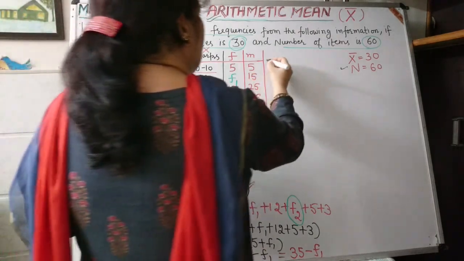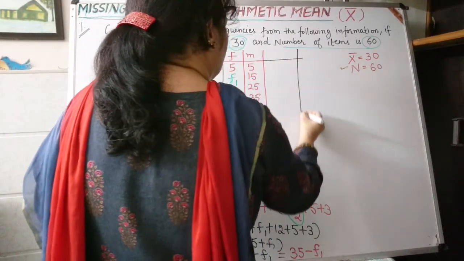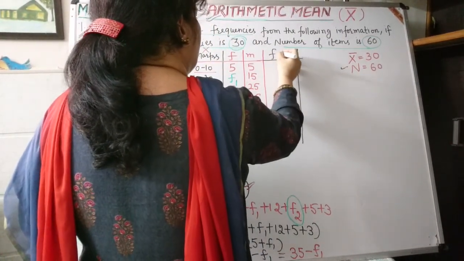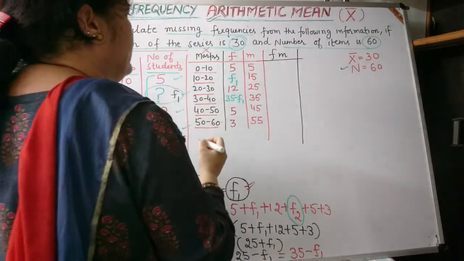And for the next calculation, which is fm, f multiplied by m, the mid values.